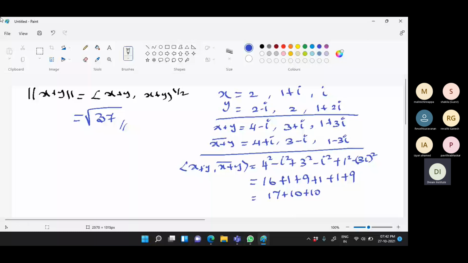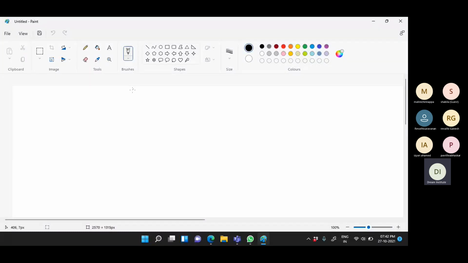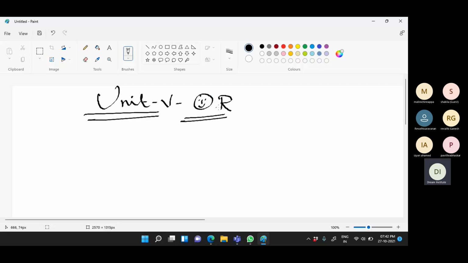So unit 5. Operation research. Okay. So in this chapter, we are going to discuss linear programming problem first.